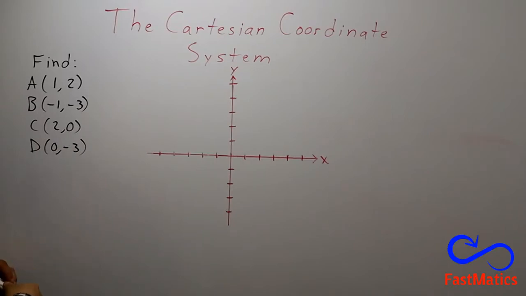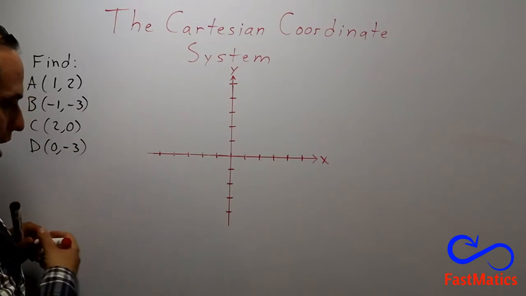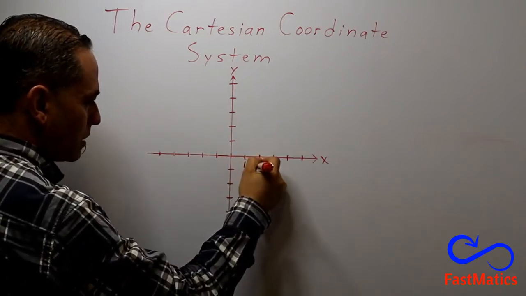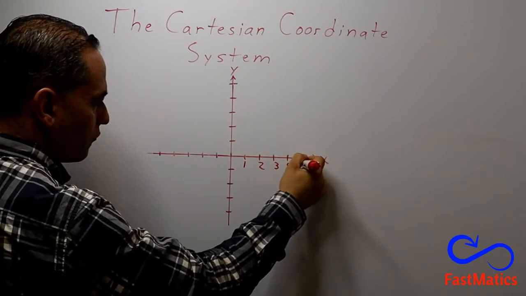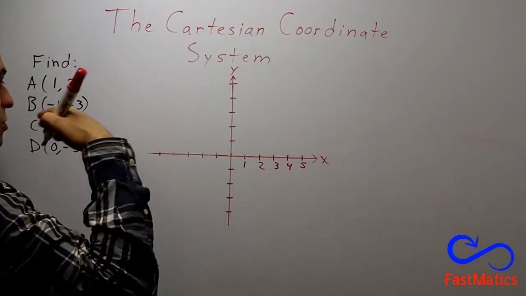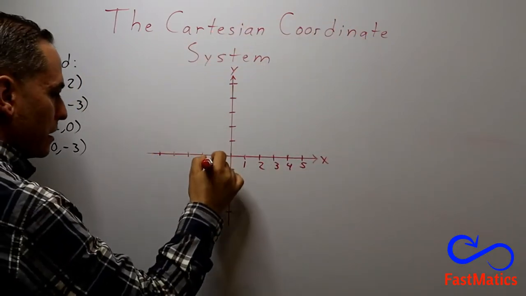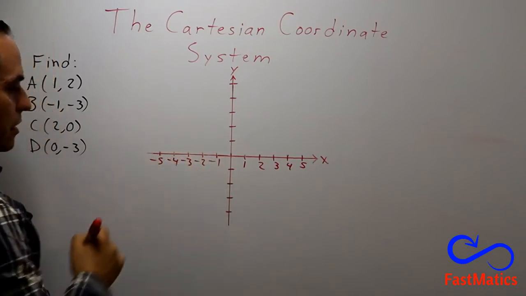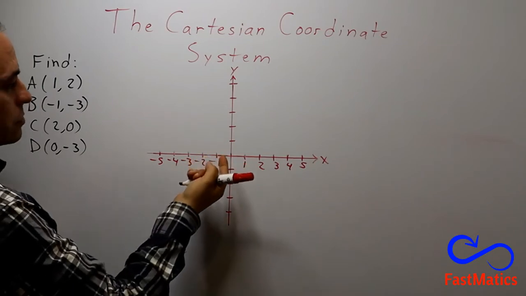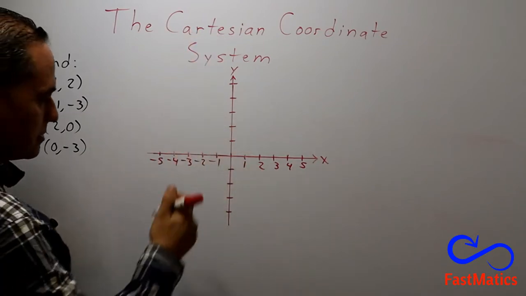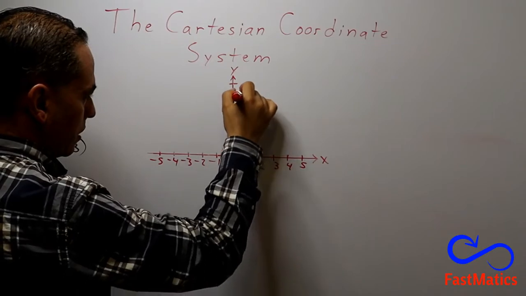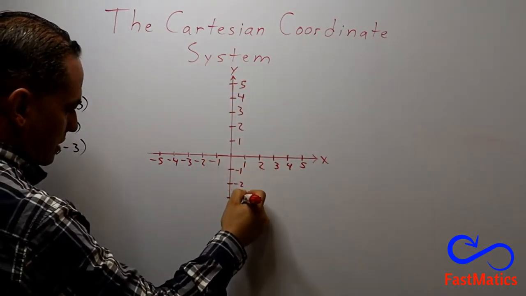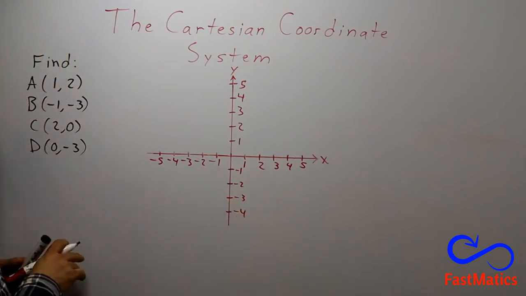It is very important to know that each line is associated with numbers. Here we have 1, 2, 3, 4, 5, etc., to infinity, and here, negative 1, negative 2, negative 3, negative 4, negative 5, etc. Also, in the y-axis, 1, 2, 3, 4, 5, and negative 1, negative 2, negative 3, negative 4, etc.